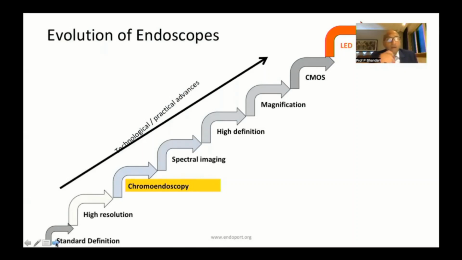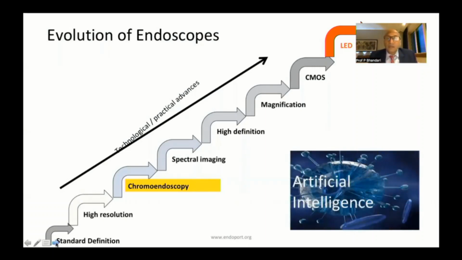And right now, starting from standard definition to LED endoscopes, the progression has happened rapidly, but I still feel the endoscopists haven't changed their practice at the same pace as which this endoscopic progression has happened. And now we have artificial intelligence, which is just changing the whole game. And I'll briefly talk through that.